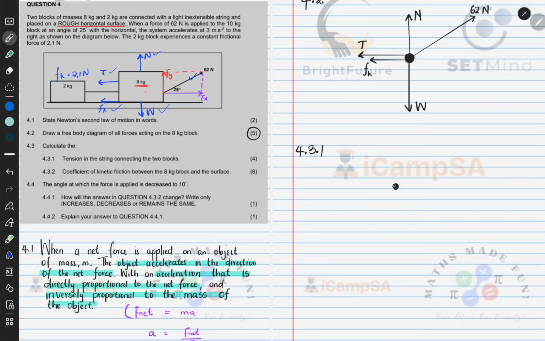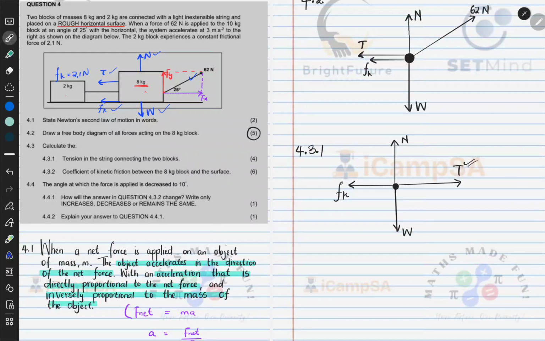The free body diagram for the 2 kg block, for instance, because we've already drawn the one for the 8 kg block, which is this one. For the 2 kg block, you would have something like this. So we are looking for tension, this guy.